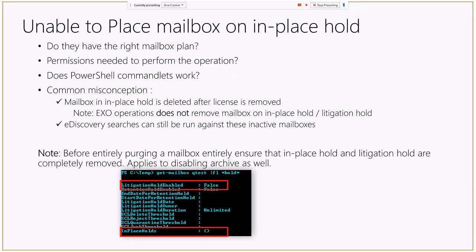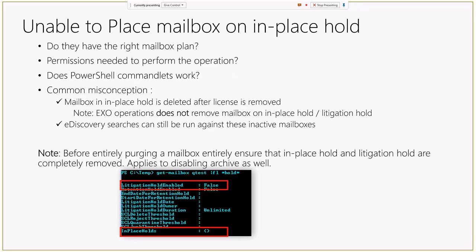If you're not, you might not have the permissions, so you have to make sure you add the administrator's account to the Discovery Management role group. If you're not able to see anything in Exchange Admin Center, do PowerShell cmdlets work? If the PowerShell cmdlet does not work, that basically means you don't have the permission, so you have to make sure that you add those permissions.